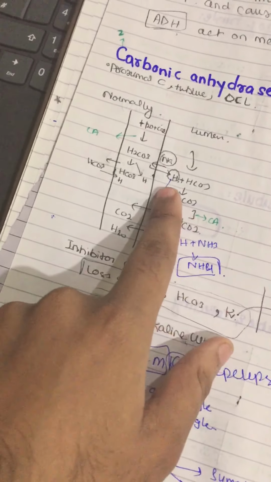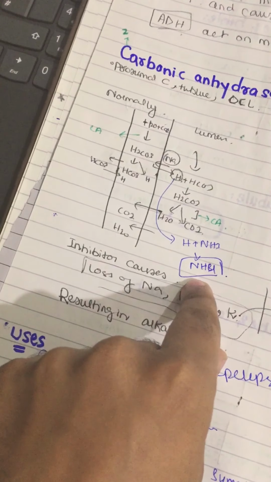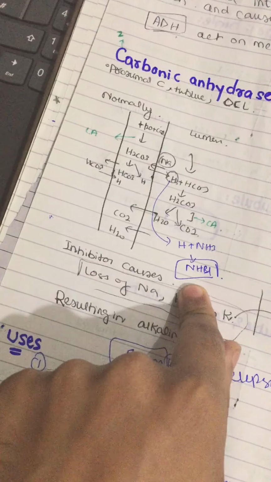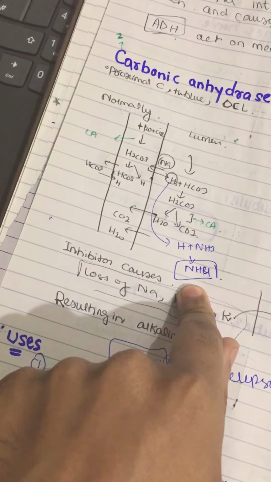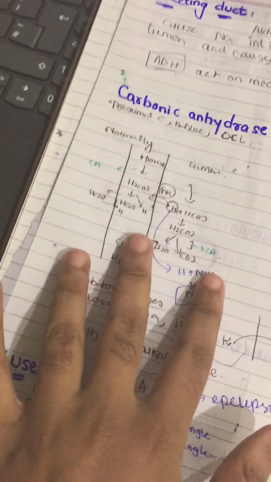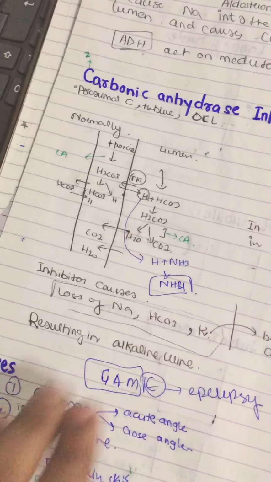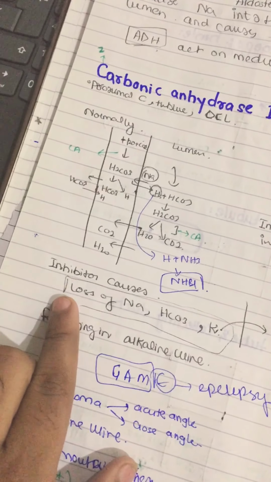The hydrogen also combines with NH3, which is converted into NH4, the ammonium ion, which is excreted, and that's what normally happens.